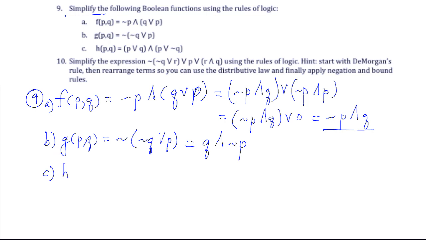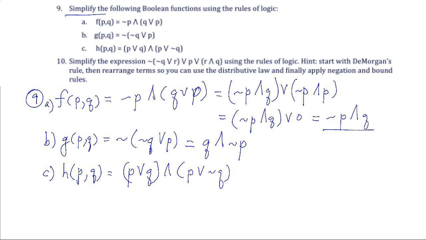Finally, for part C, H of P and Q is P or Q, that thing ANDed with P or not Q. And what I'm going to do here is factor out a P or. I see the common term there, and there's an and. I'm mixing the ands and the ors, so I need the parentheses, number 1, and I can do the distributive law.